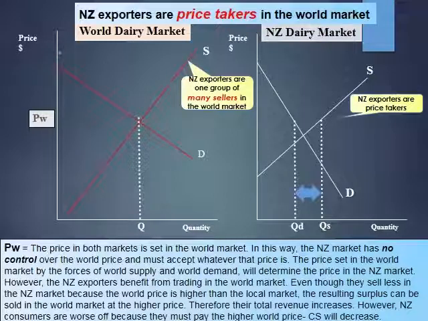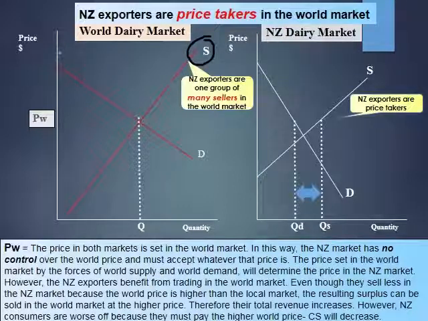Now, the second thing by way of introduction is the concept of price takers. We have in this example, on the left-hand side, what we will call the world dairy market. And that dairy market is made up of many, many suppliers. So New Zealand dairy producers are just one group of many, many sellers in the world market.